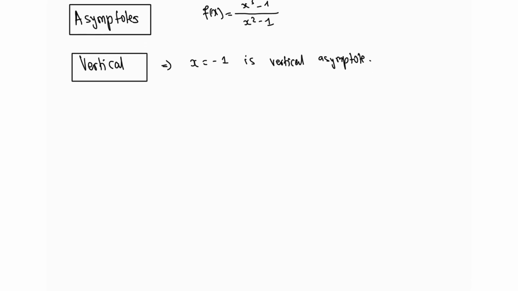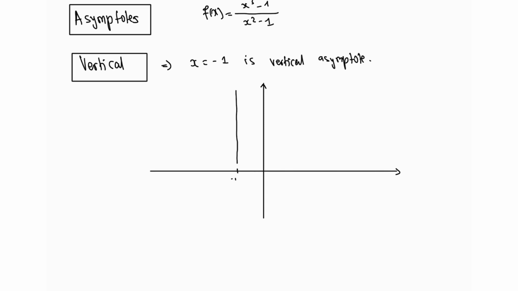And as we have, I will just start here and we will complete as we move on the graph. So if this is minus 1 and this is the line, we know that from the right it goes to positive infinity, and from the left it goes to negative infinity.